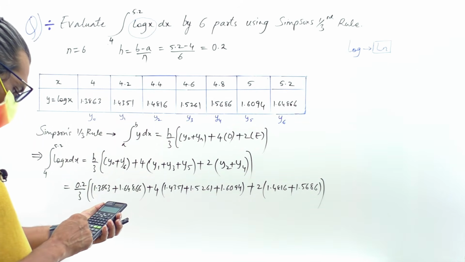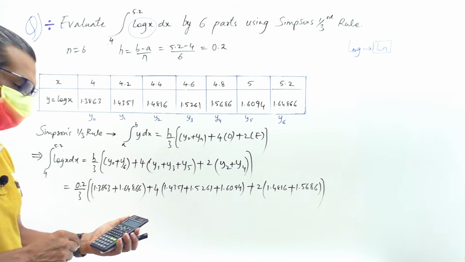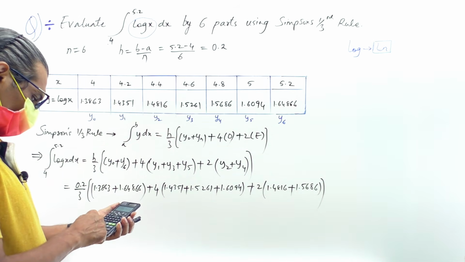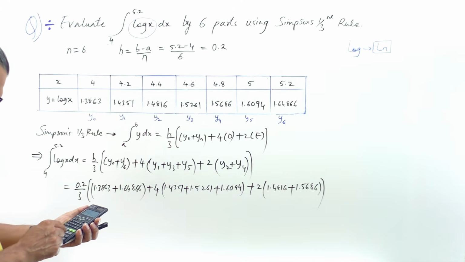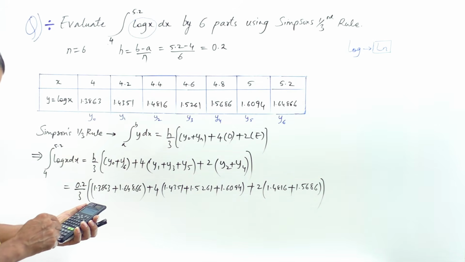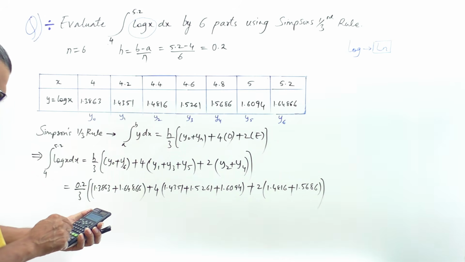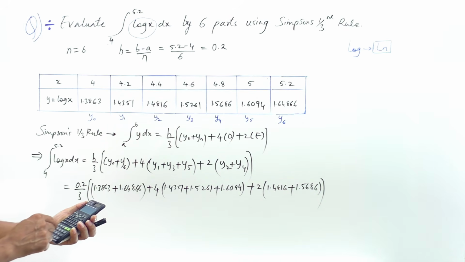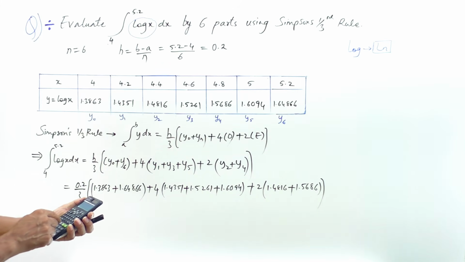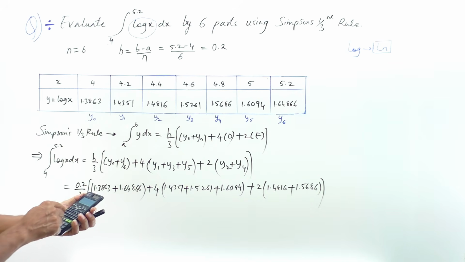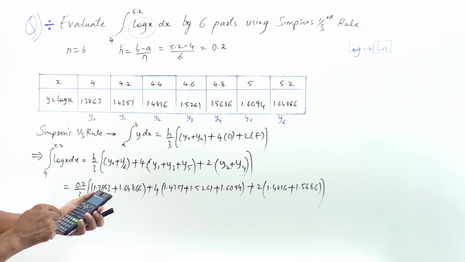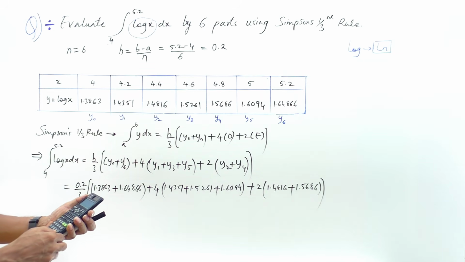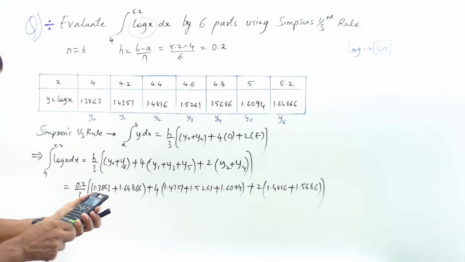We have bracket 1.3863, you also do the evaluation side by side with me, plus 1.64866 plus 4 into bracket 1.4351 plus 1.5261 plus 1.6094 bracket close, plus 2 into 1.4816 plus 1.5686, into 0.2, divided by 3.